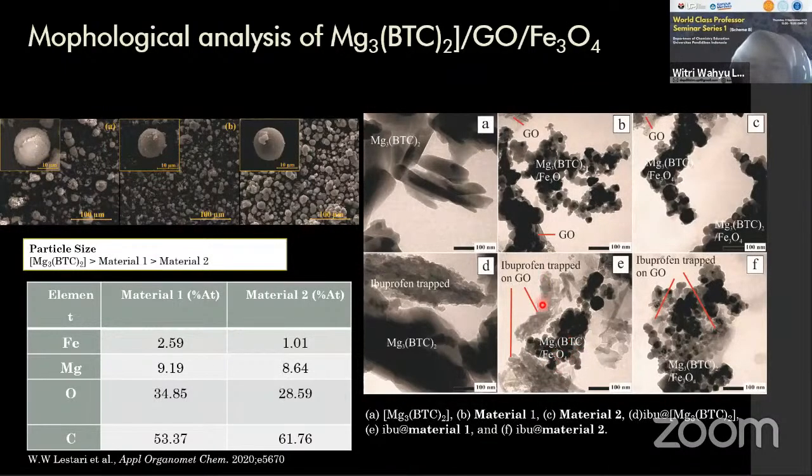But the graphene oxide is mostly outside of this material. The presence of iron and magnesium is clearly detected by EDX analysis, and the particle size of the MOF itself is still larger.